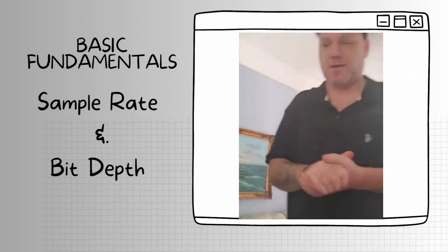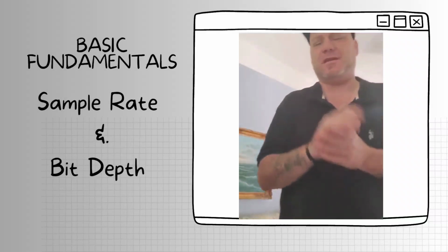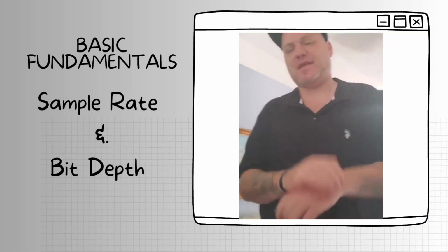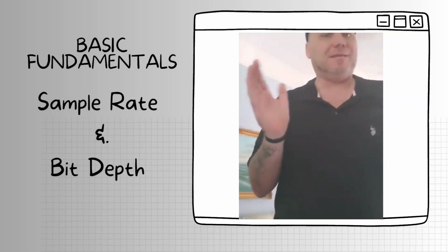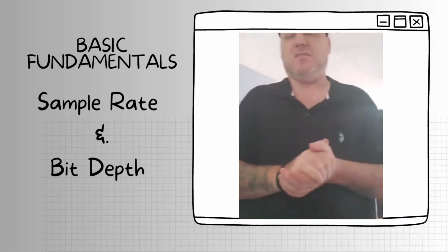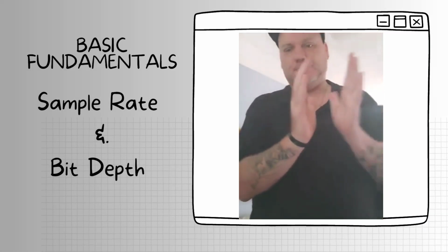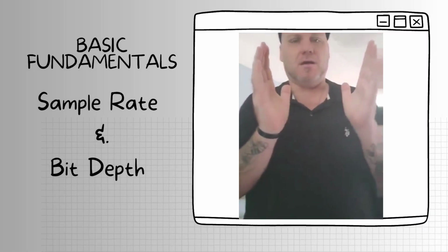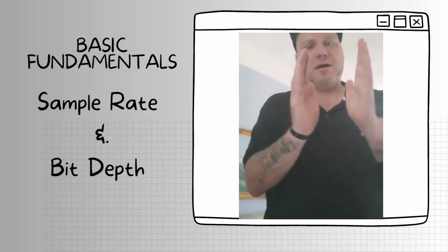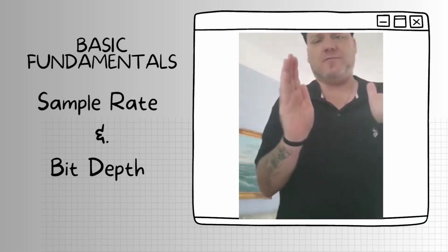Higher sample rates work much better for time stretching audio. Say you have something you need to stretch out a little bit, the timing's just not right. It's best to have a higher sample rate. So if you have, say, 96 kilohertz in a session, or even 48, it's best to have a higher sample rate, because you think about it, it's going to take those bits of information and stretch them out, and it can sound very unnatural if you have a lower sample rate.